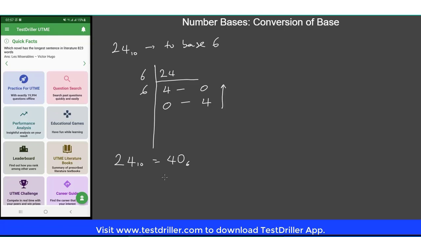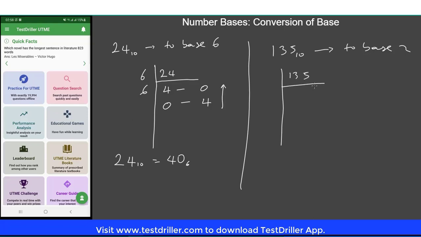Let's take a look at another example. Let's say you are asked to convert 135 in base 10 to base 2. So how do you go about it? Just like you did earlier, you divide 135 by 2 and keep doing that until you get to 0.